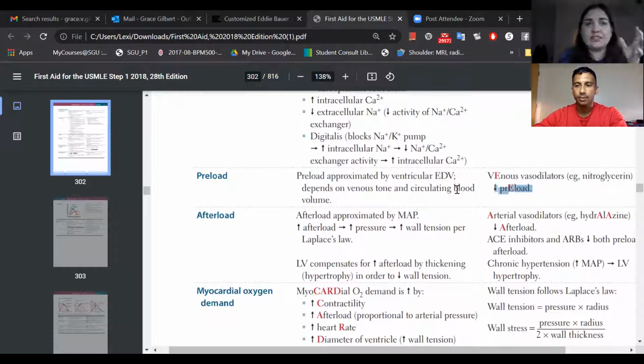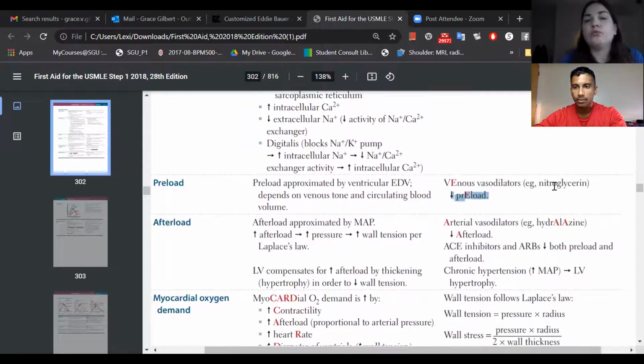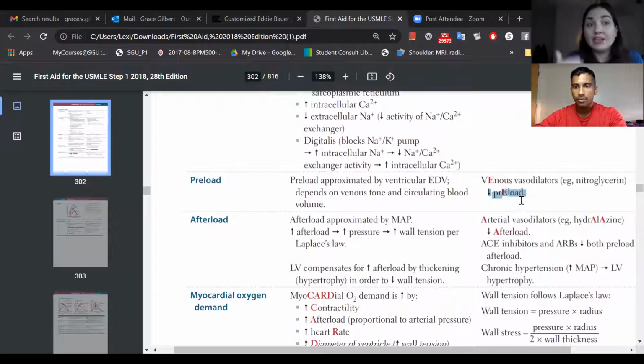Sketchy uses a blue vase to describe your veins because it can literally hold it. They're very floppy, they can get really big, and they can store a lot. That's why people have varicose veins: they get filled up and stretched out, and then the valves break and they just stay filled with blood. So if you use a venous dilator or decrease your preload a lot, in theory, you could do it enough so that none would get to your heart.